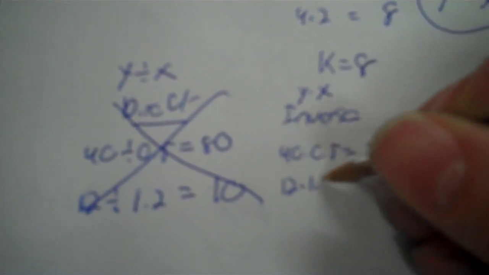Now multiply your y times your x. 40 times 0.5 is 20. 12 times 1.2 is 14.4. So it's not either, so you write neither.